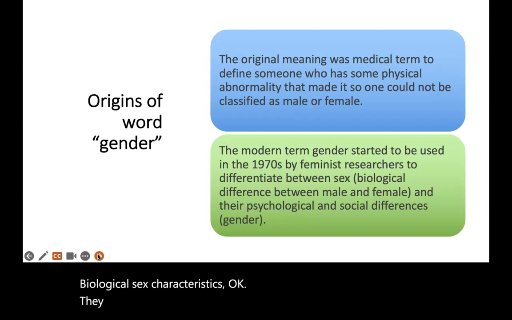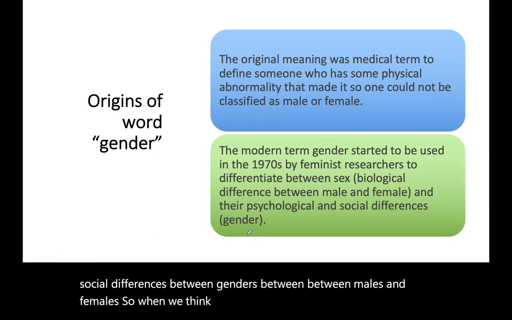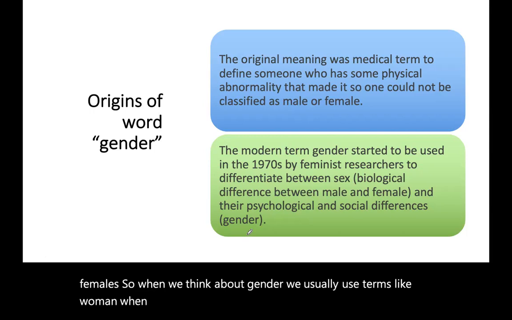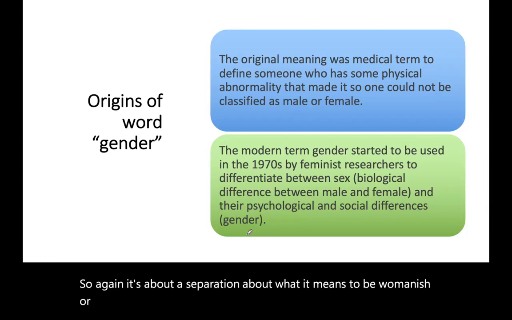They argued this needs to be separated from the psychological and social differences between genders. So when we think about gender, we usually use terms like man, woman. When we think about sex, we're usually using terms like male, female, okay? So again, it's about a separation between what it means to be womanish or male-ish and the biological determinants, okay?